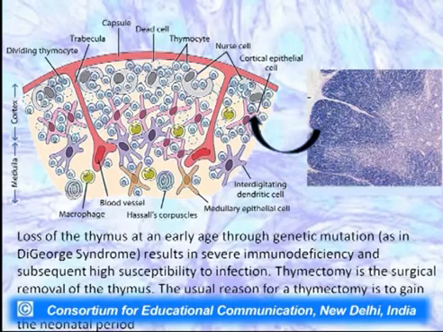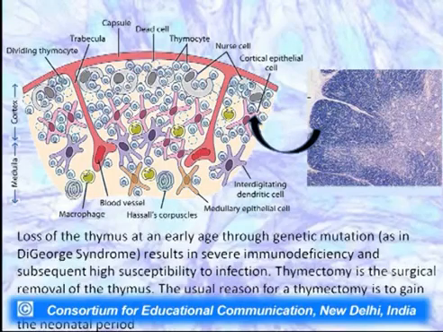Once thymocytes have undergone proliferation, they go into the medullary region. The medullary region has interdigitating dendritic cells along with blood vessels, macrophages, and of course, the T lymphocytes. This is the place where maximum elimination of T lymphocytes takes place. This is where almost 90 to 95% of T lymphocytes are removed.